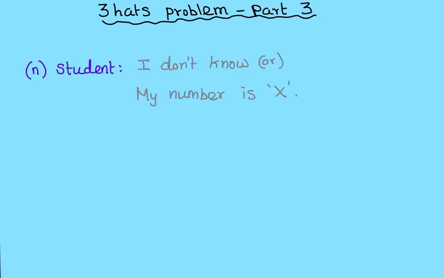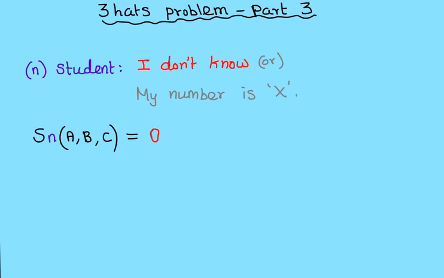At each conversation, the student may either say I don't know my number or may claim his number. Let us indicate the reply of the student at nth step as Sn of ABC. So at nth step, if the student says I don't know, then the statement Sn of ABC is equal to 0.